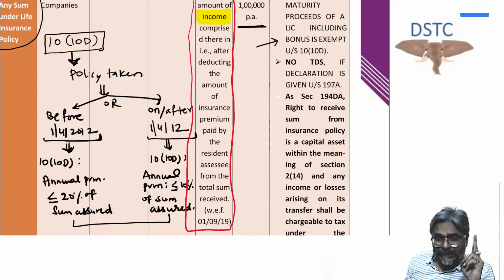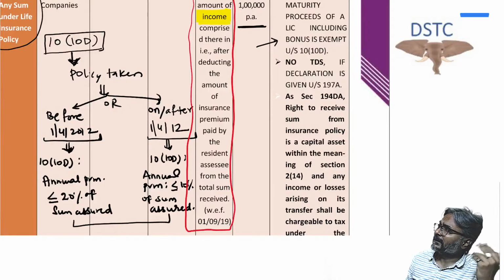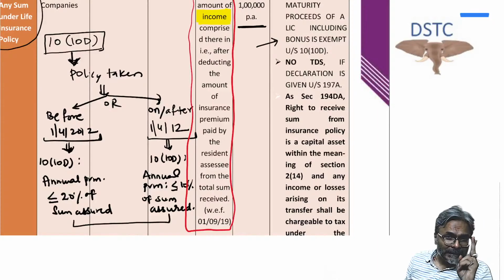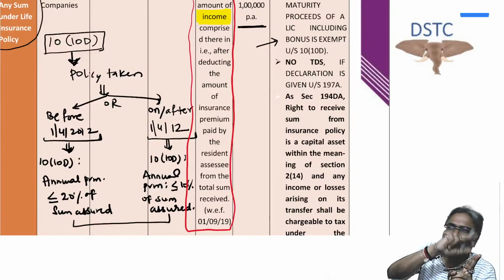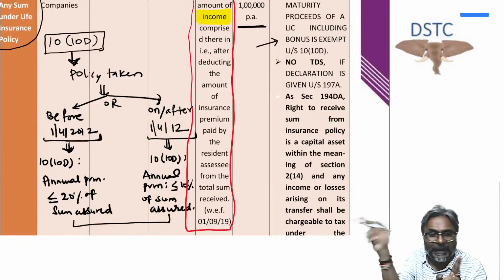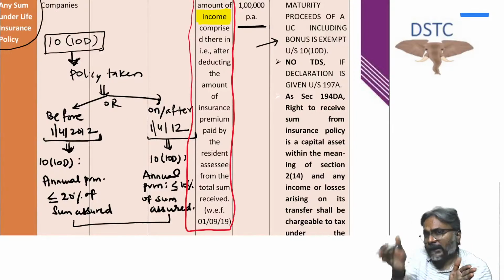Now there is one more section, students, you will come to know in the chapter on surrogate taxes, where there are two cases where the payer of the amount has to compute the income of the payee. The payer, the one who is making the payment, will have to compute the income of the payee.